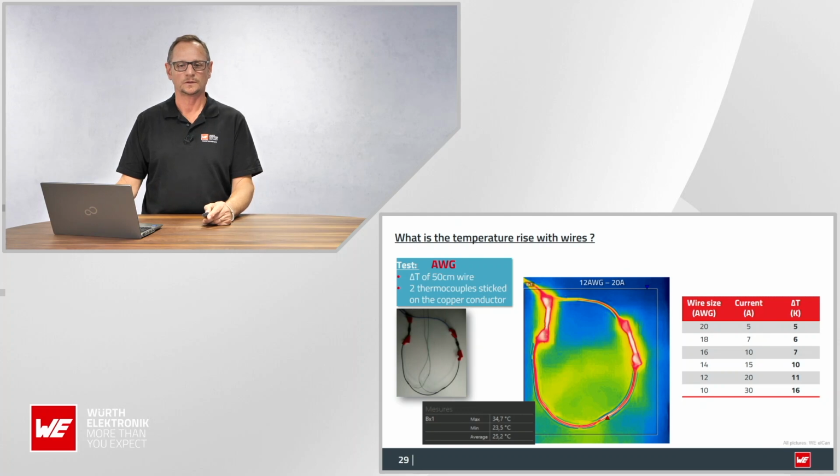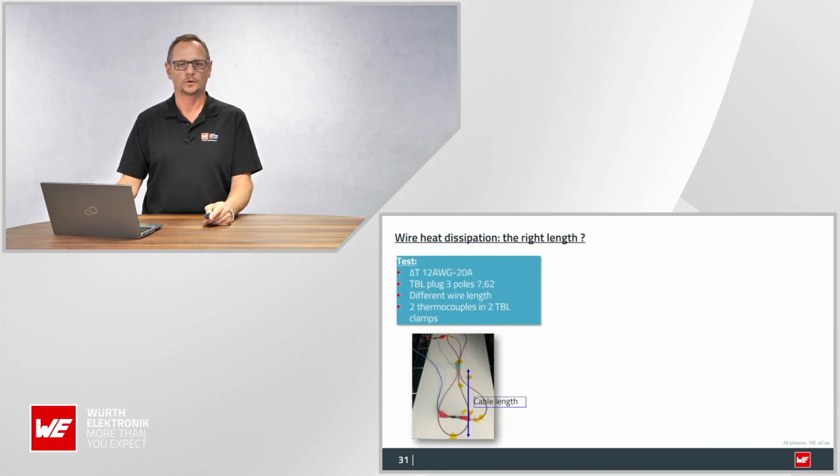Now, in the next point, we look at the same type of connection. We did it with different types of cables, from 12 AWG up, powered with 20 amps, and we had this kind of terminal block with 3 poles and varying wire length.